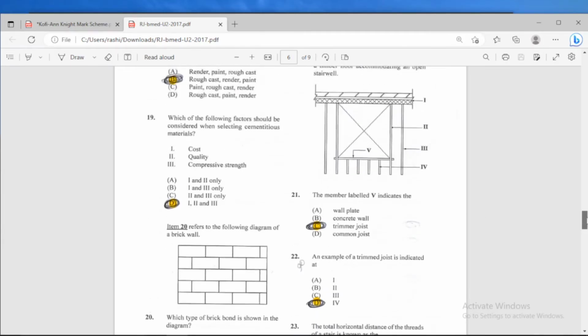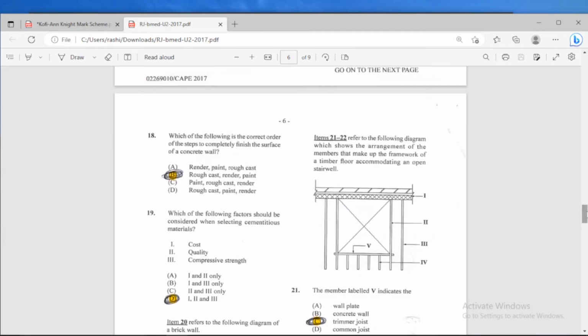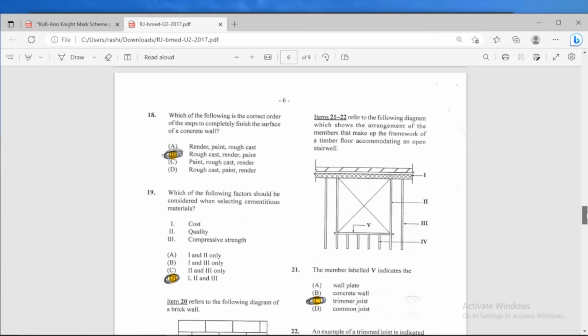Alright, number 21 here says, items 21 to 22 refer to the following diagram, which shows the arrangement of the members that make up the framework of a timber floor accommodating an opening. So we have the different parts labeled. The opening is for a stairwell right here.